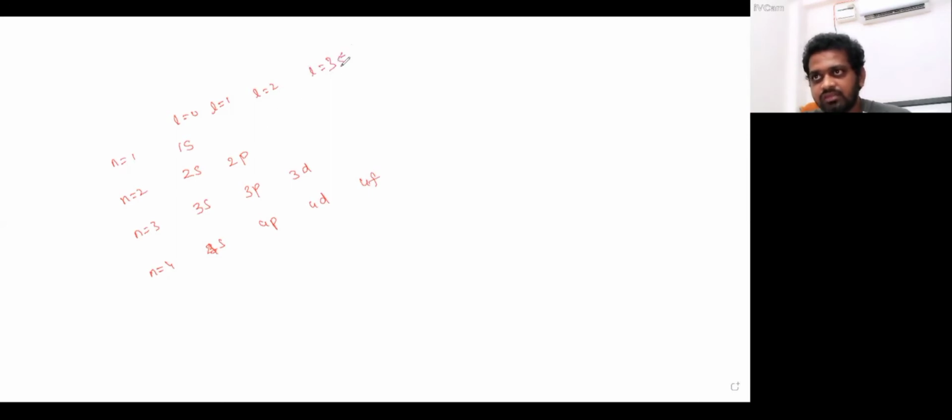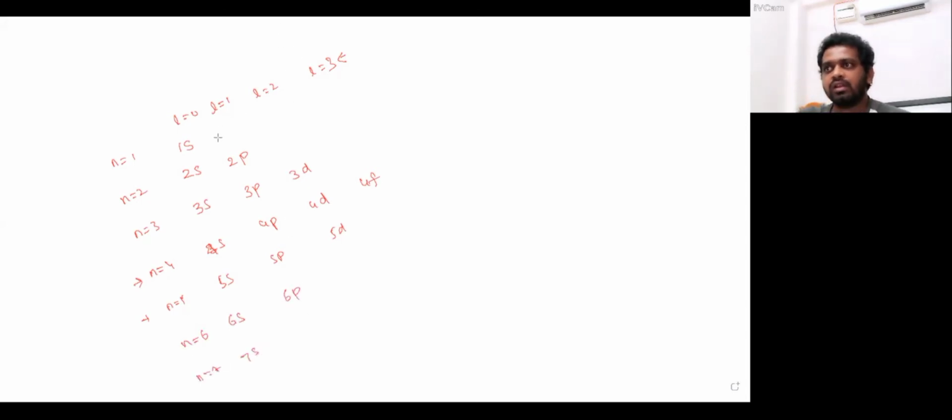l is nothing but the azimuthal quantum number and n is the principal quantum number. For n equal to 5, 5s, 5p, 5d, 5f also will be there, but I won't consider them. For n equal to 6, 6s, 6p, and for n equal to 7, we have 7s.